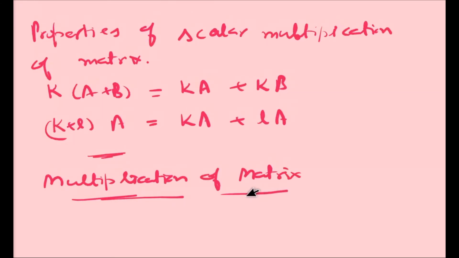So we will understand how we can do the product of two matrices. First, if we want to find the product of A into B, we want the result C. So first we check the order: A is m into n, B is n into p.